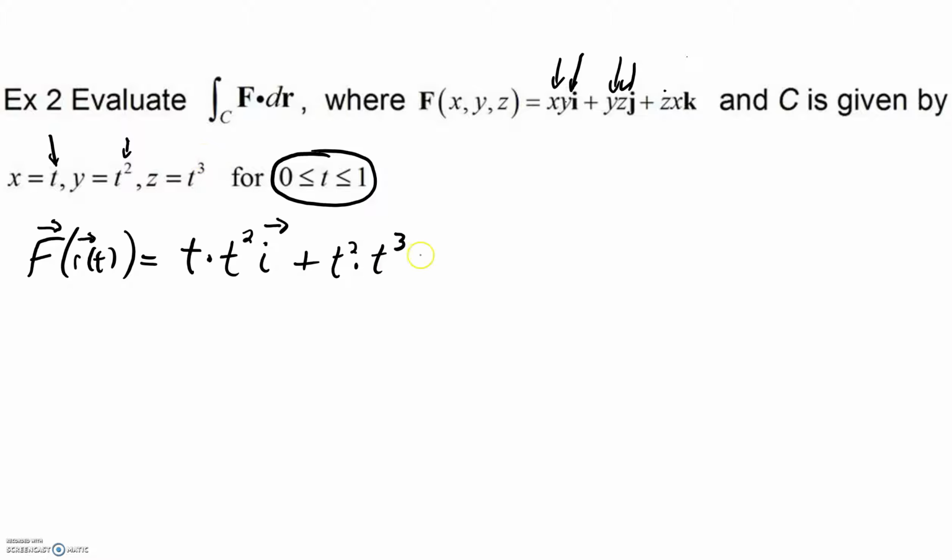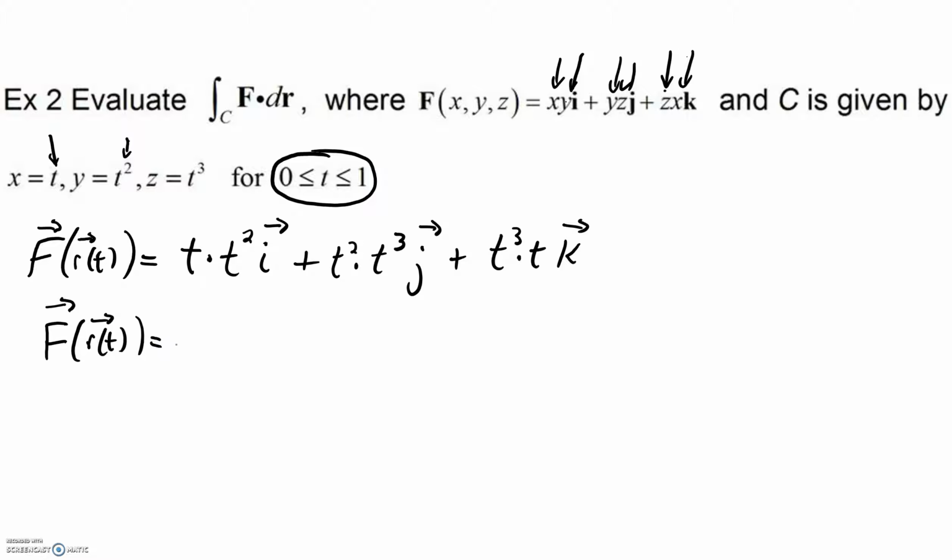That's the component for vector j. And then finally, as we move on to k, we have z times x. Well, z is t to the third, and x, as we already saw, was just t. So we can clean this up very quickly, and even write it in bracket form, which I really like to do. This would be t cubed for our i component, t to the fifth for our j component, and t to the fourth for our k component.